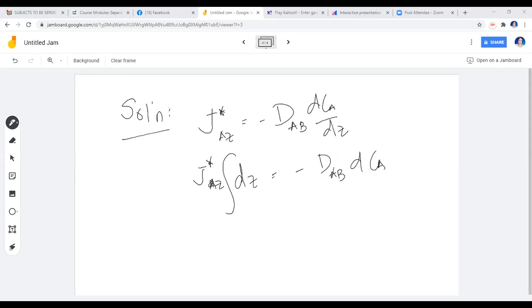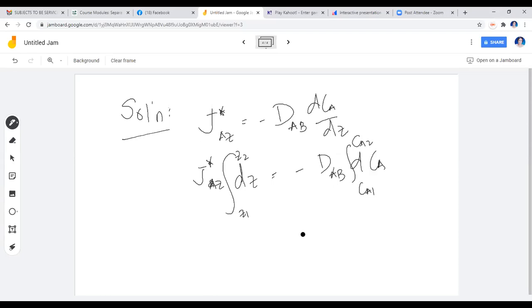So let's say Z2 minus Z1 is 0.2 meters. We'll have this from Z1 to Z2, or you can write 0.2. This one will be concentration 1 to concentration 2.